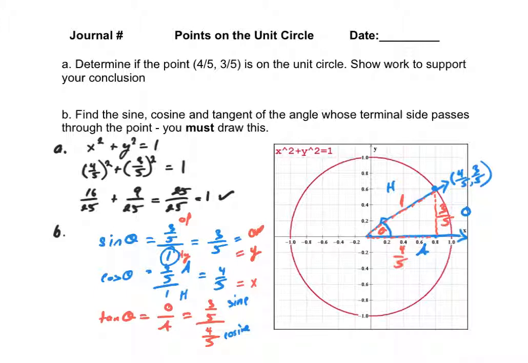Now, don't forget, kids, when you're dividing fractions, 3/5 divided by 4/5 is equivalent to 3/5 multiplied by the reciprocal. So the 5s will divide to 1. So this is 3/4.